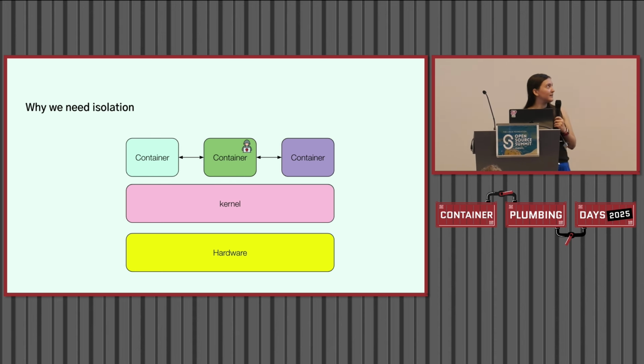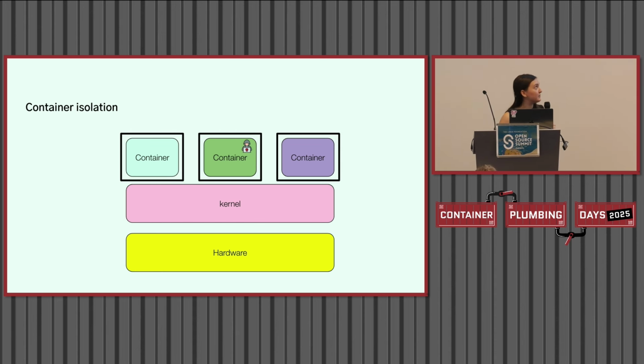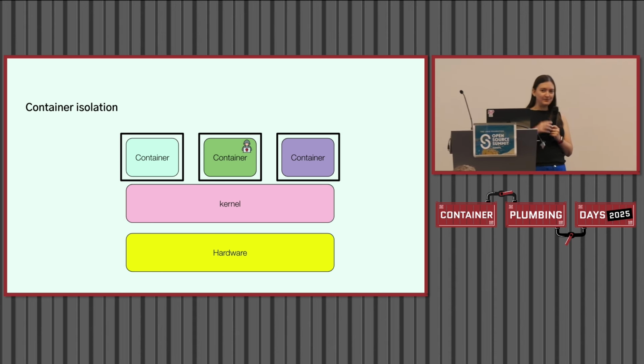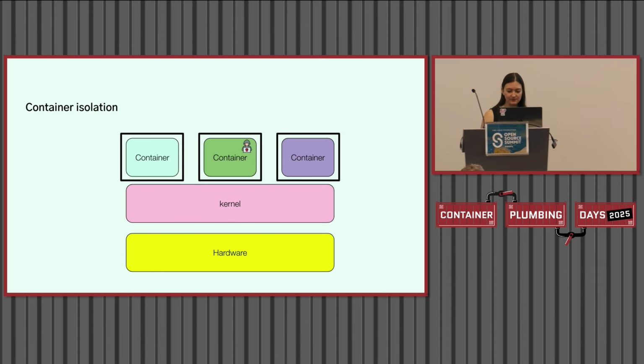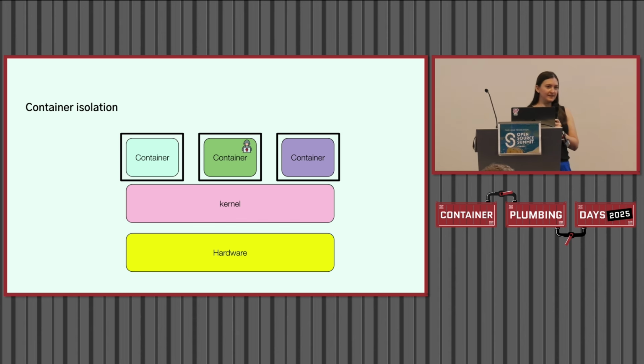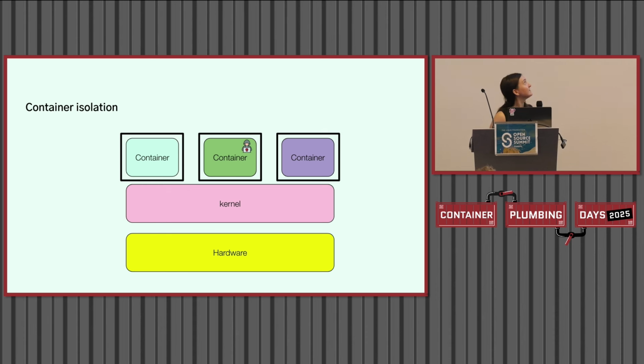And if you don't do anything else, they're just able to do this, right? You'd be able to look at the process IDs of other things on the system. So obviously this is bad, and what we want to do is put stronger boxes, or what we call isolation, around our containers so that this doesn't happen, so that you can securely run things in this multi-tenant space and get all the benefits of running things in containers.